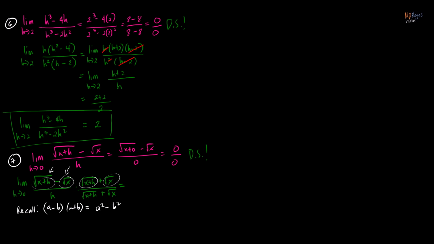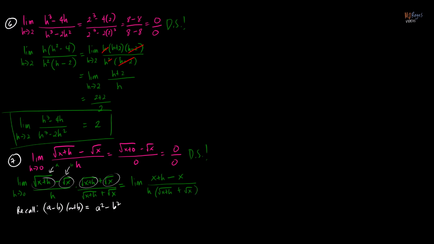So we'll get the limit of, squaring a, we get x plus h. Okay, this is a and this is b. Squaring a, we get x plus h, and then minus squaring b, we get square root of x squared, we get x, over the product of the denominator, that's h times the quantity square root of x plus h plus square root of x.